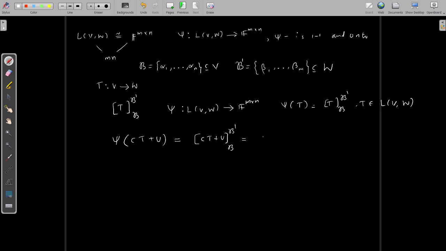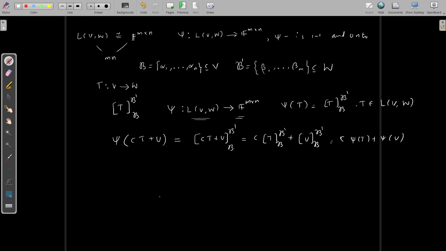This can be written as c times the matrix of T relative to B and B prime plus the matrix of U relative to B and B prime. This was already discussed in the previous classes. So this equals c times psi of T plus psi of U. This shows that psi is a linear transformation from this vector space to this.